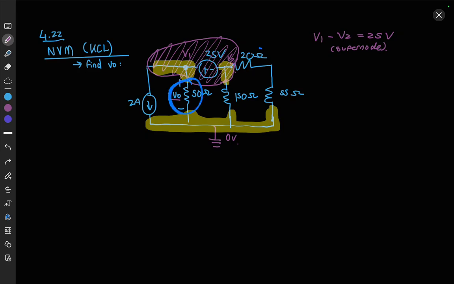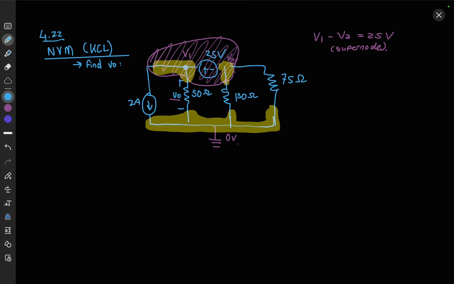We have 1, 2, 3, 4 resistors connected to this big supernode. But I'm just going to combine these two into one resistor because they're in series. It's going to make things simpler for me. Take this away. This is going to be 20 plus 55, which is 75 ohms. So now we just have 3 resistors to deal with.